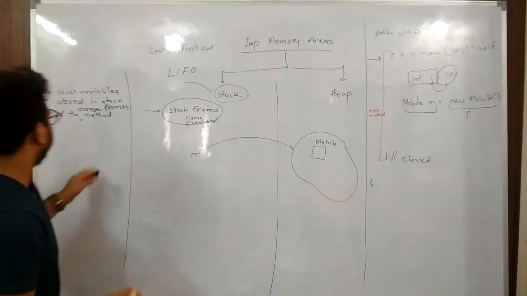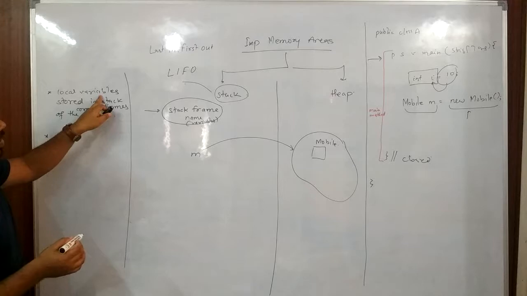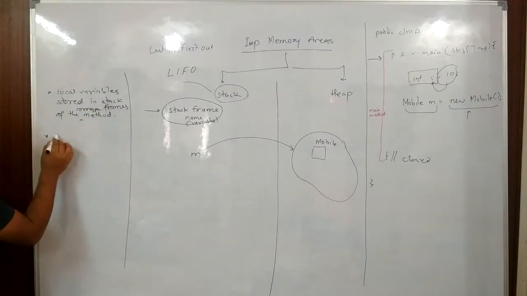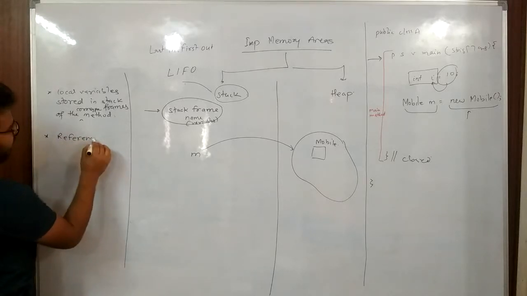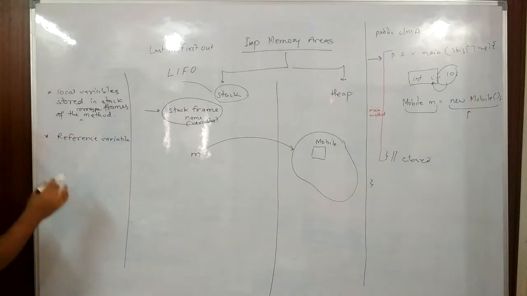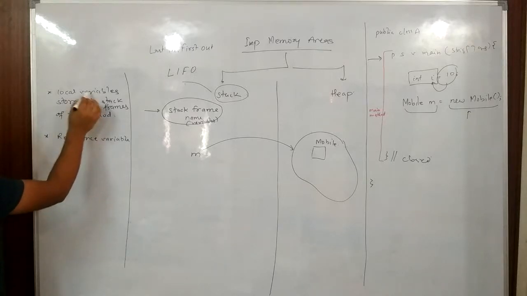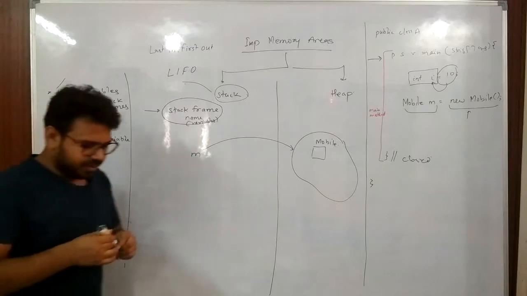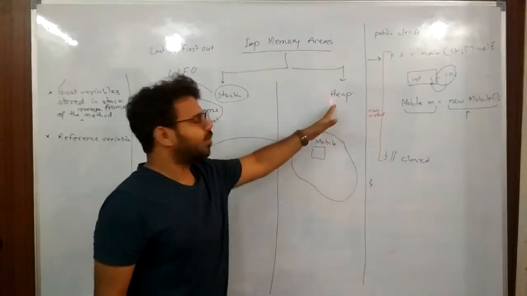So let me conclude here that local variables are stored in the stack frame, and also the reference variables are stored in the stack frame. Both reference variables and local variables are stored in the stack frames, and a new object is always created in the heap area.